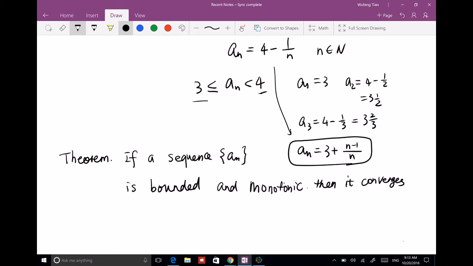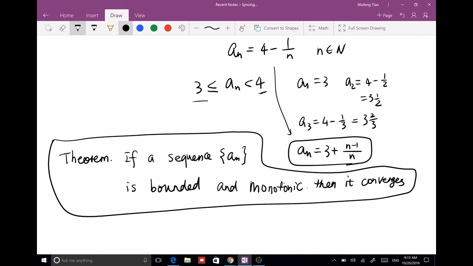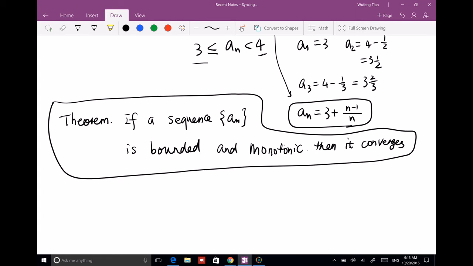This theorem is what you have to know: if a sequence is bounded and monotonic, then it converges.